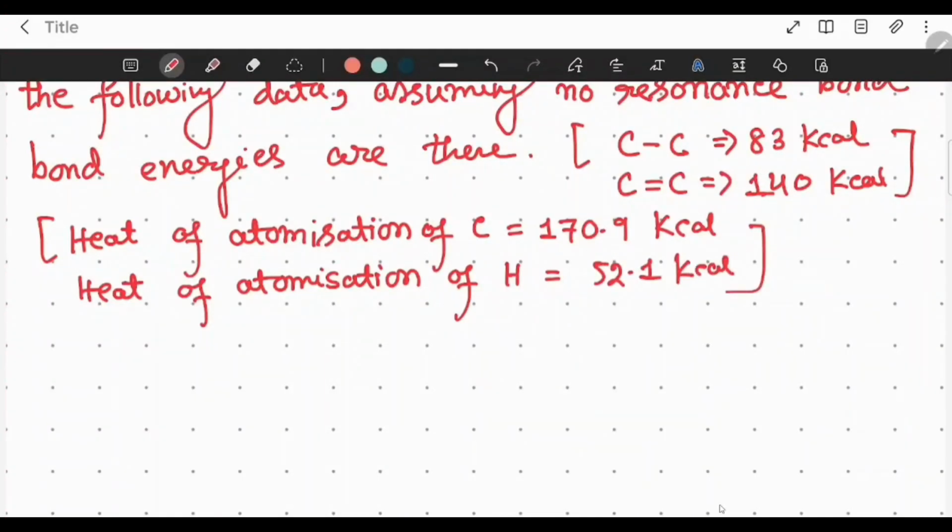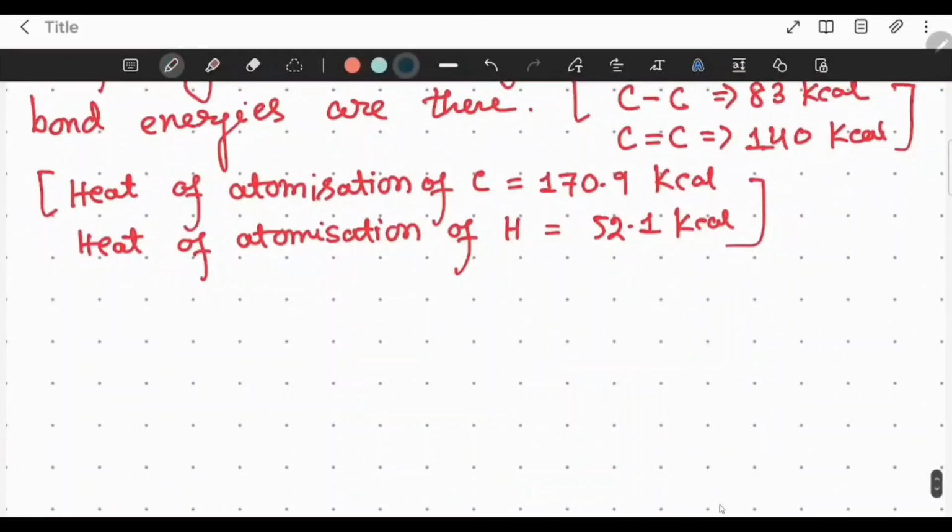So this is also given. So here there is a new term, heat of atomization, right? What does it mean? First we have to understand, then only we can solve this question. So what is the definition of heat of atomization? Bond energy we know, bond energy is also given, but heat of atomization we don't know, right?